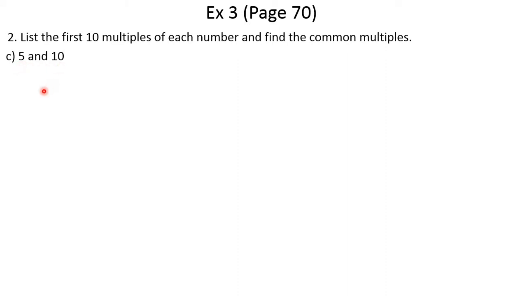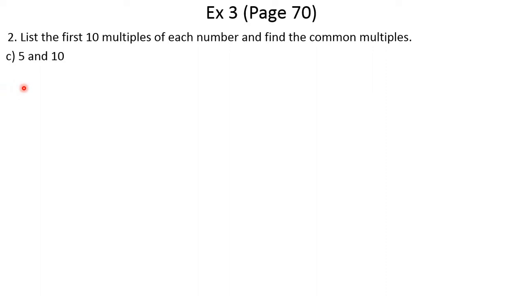So kids, here first you will list down the multiples of 5 and the multiples of 10 individually, and then you will write down the first 10 multiples for both the numbers, and then you will compare and you will look for the numbers which appear as the multiple of both the numbers. Right, so let's start the process.